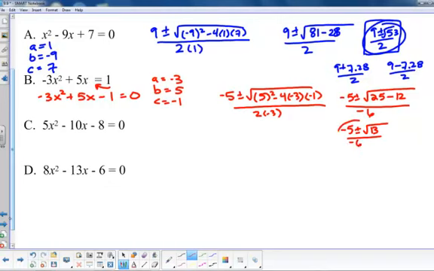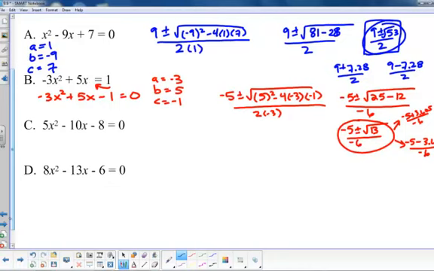Again, this is a fine answer to leave it like that. You could do the square root of 13 and get 3.6055. So you could find your two decimals by negative 5 plus 3.605 divided by negative 6, and negative 5 minus 3.605 divided by negative 6, but it's not necessary.